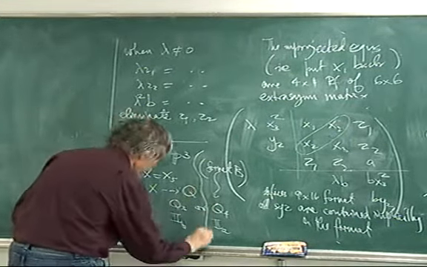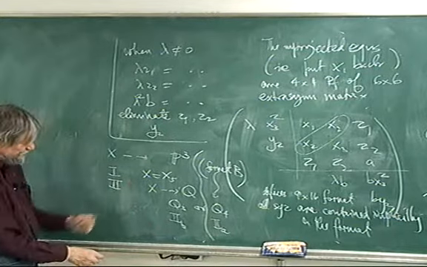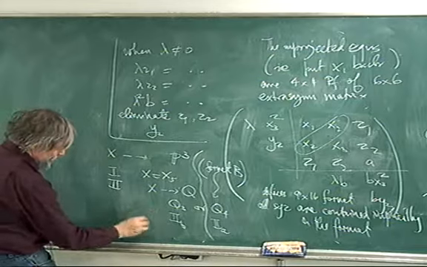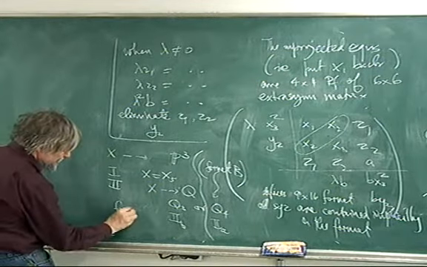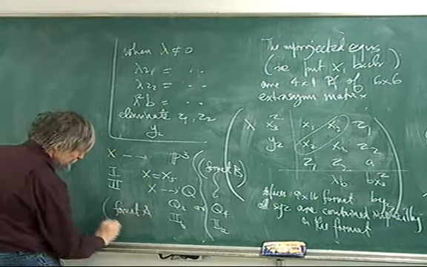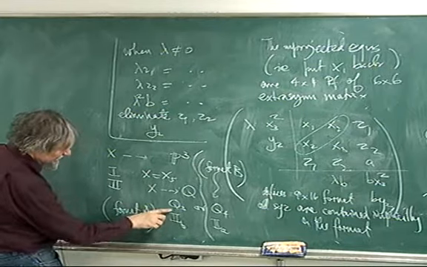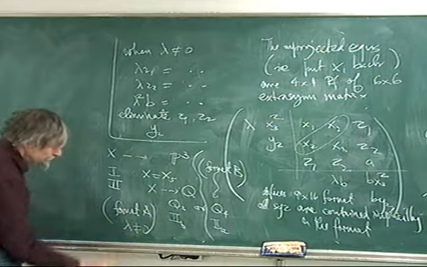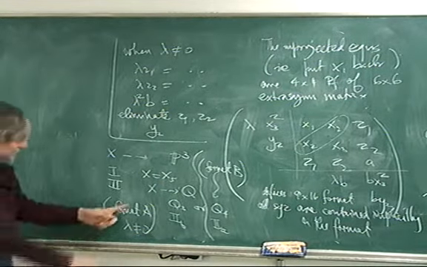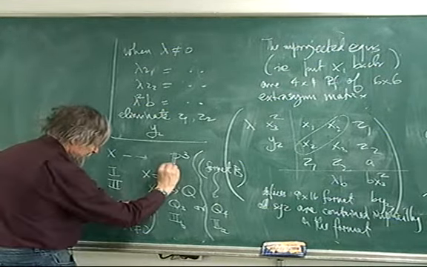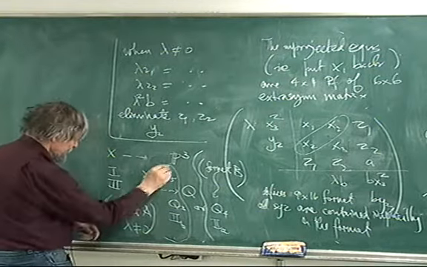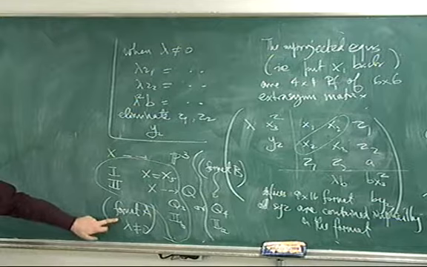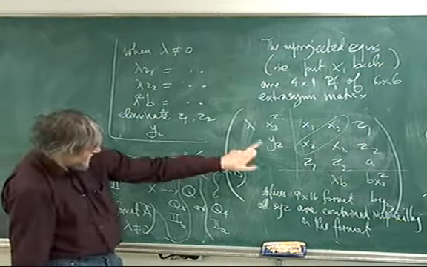Whereas if I choose format A, then I can take lambda not 0. And that gives me these two families. So family 1 and family 2b are both contained in the same set of equations here.